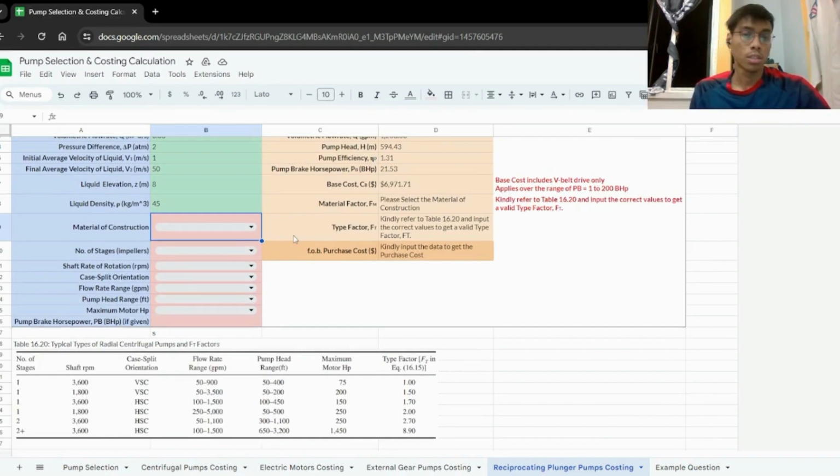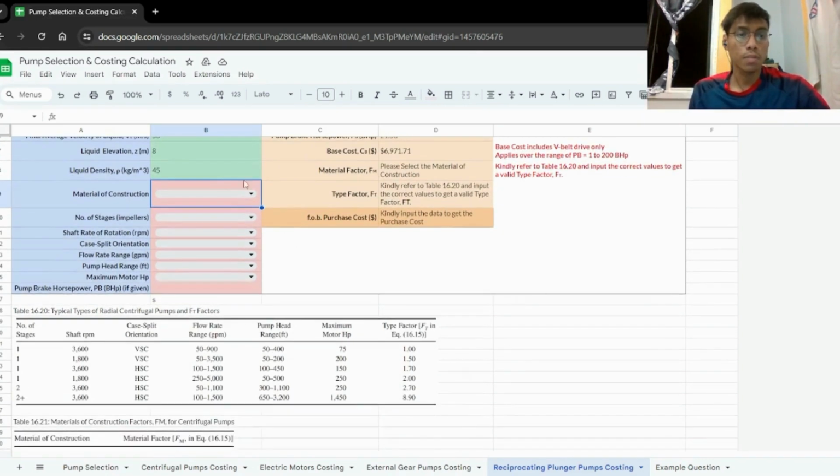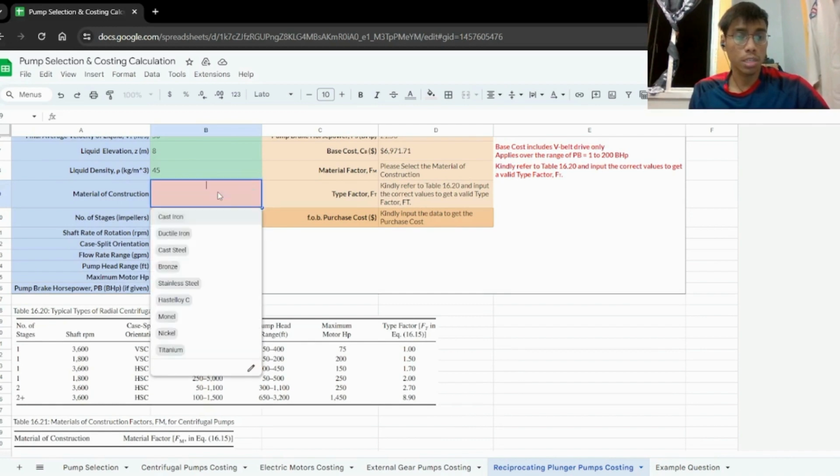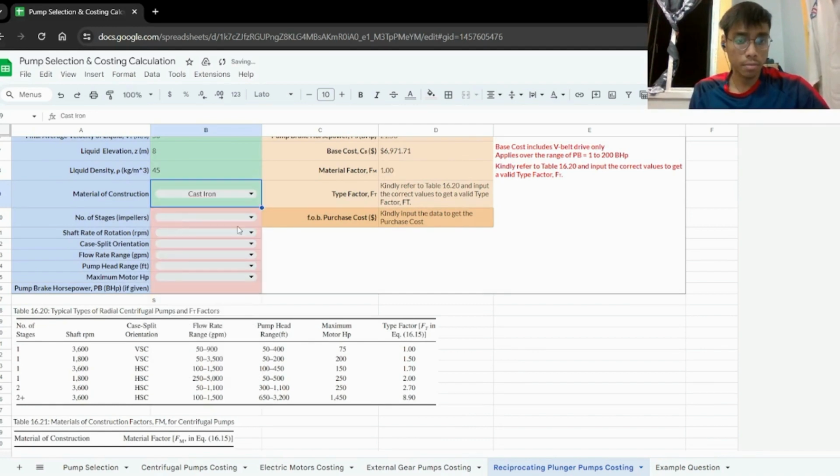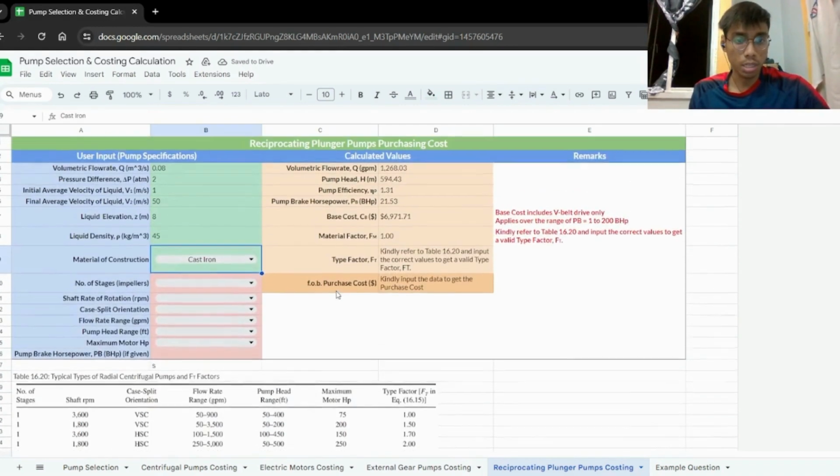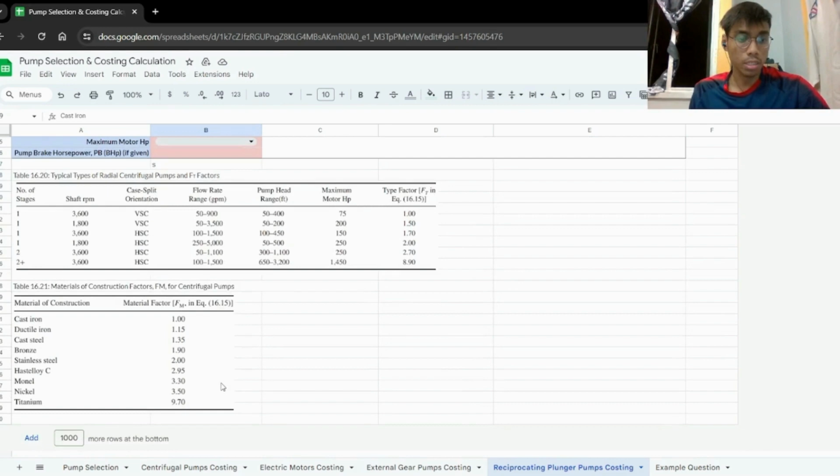Okay, for example, if the user chooses the material of construction as cast iron, we can see that the output given is 1.0 for material factor. You can see that here from table 16.21 the material factor for cast iron is 1.0.